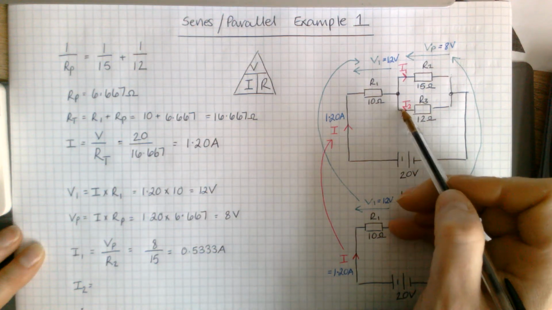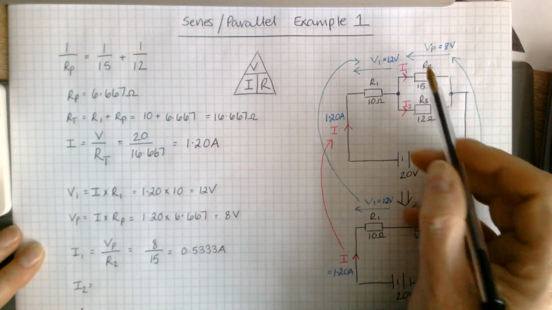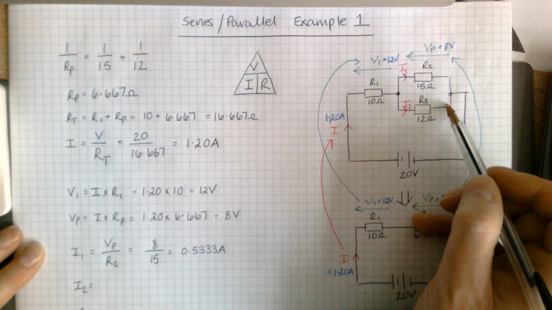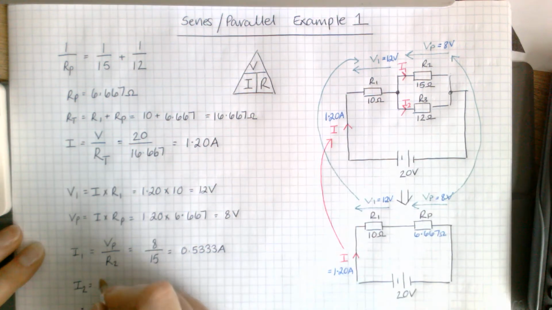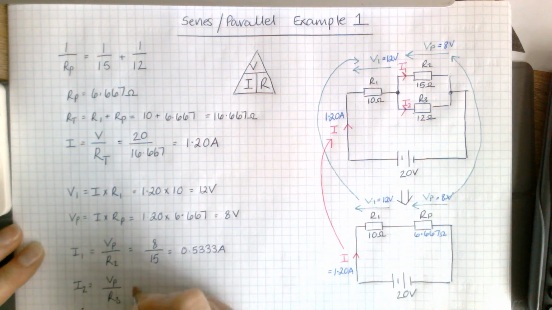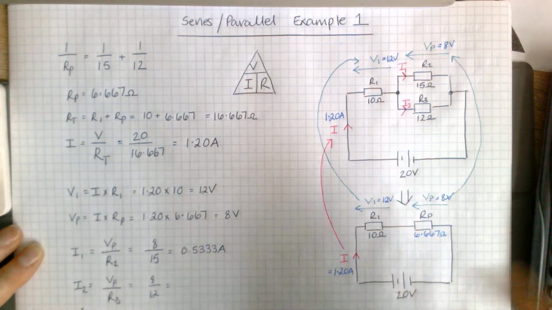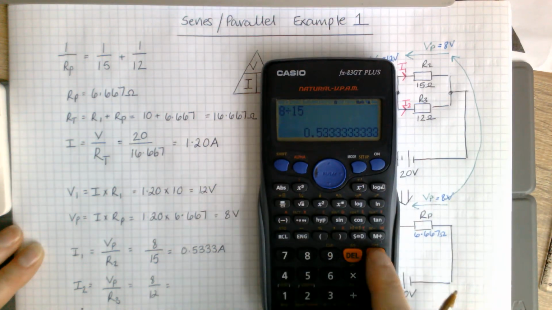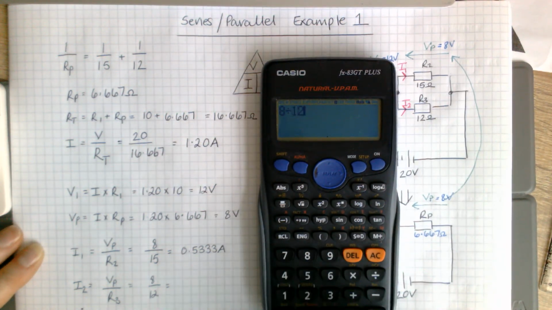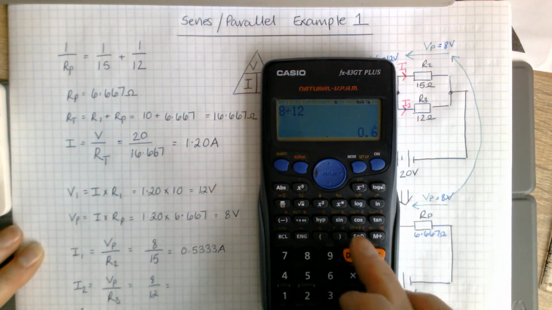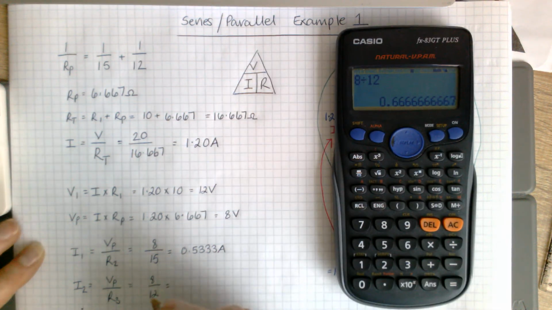I'm going to do the same for I2. So I2 only exists between R3, and the voltage across where that I2 goes is that 8 volts. So again, it's going to be VP over R3. 8 divided by 12, which is 2/3, so 0.6667.